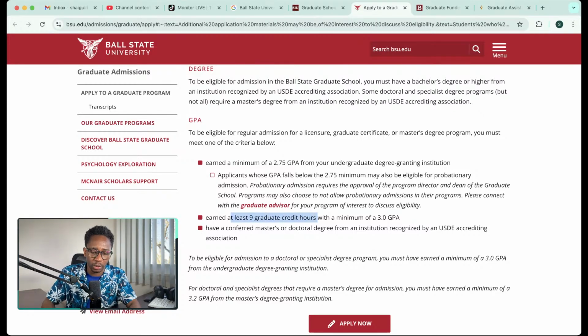Nine graduate credit hours means you did nine credit hours in your graduate program. Maybe you finished or maybe you didn't, but that kind of thing can help.